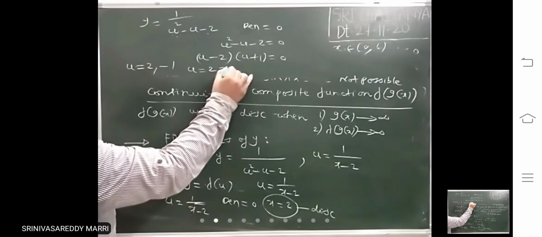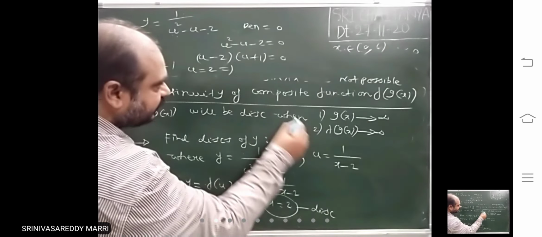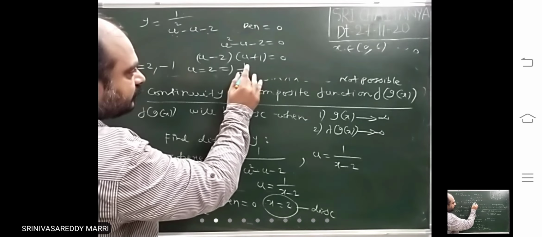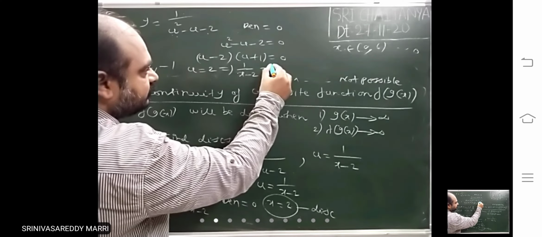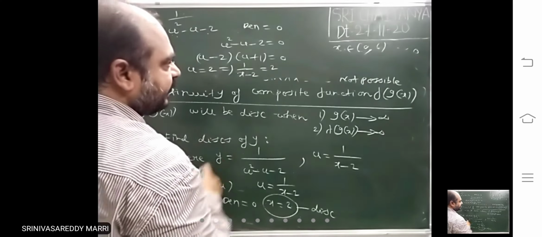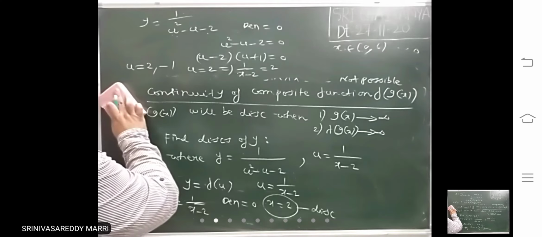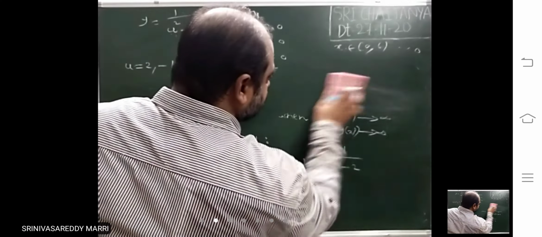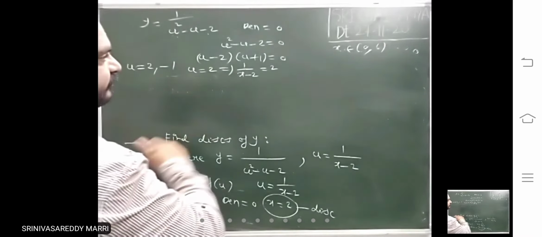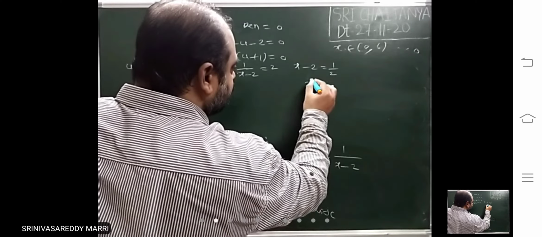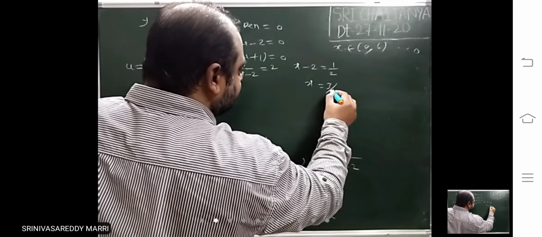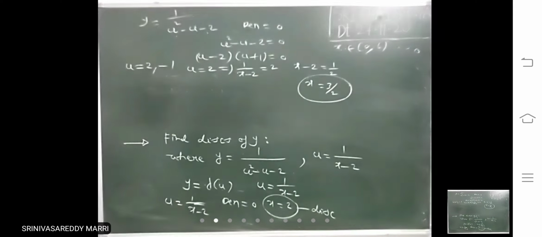u equal to 2 implies u is 1 by x minus 2 equal to 2. That implies calculate the x value. What is the x value? x equal to 3 by 2 is one discontinuity.